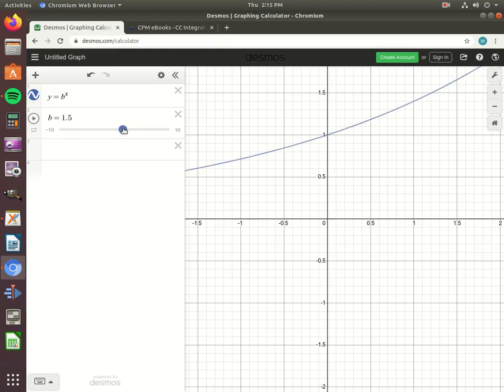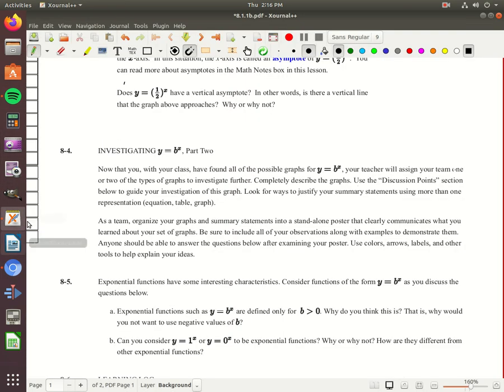If I had given you 5 to the x, you would say it opens up and it's fairly steep. If I had given you 2 to the x, you would say it's more flat, but the closer I get to 1, the flatter it becomes until I get between 0 and 1, and then it actually opens down. So just to reiterate all those points that we've already discussed is really what 8.4 is asking us to do.